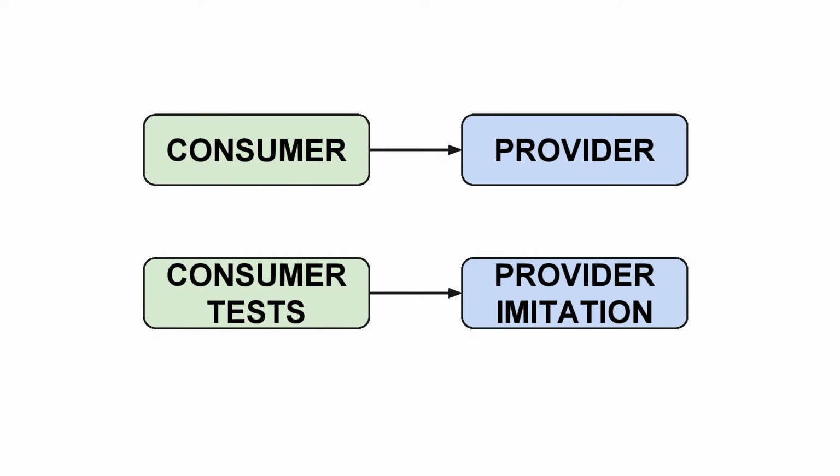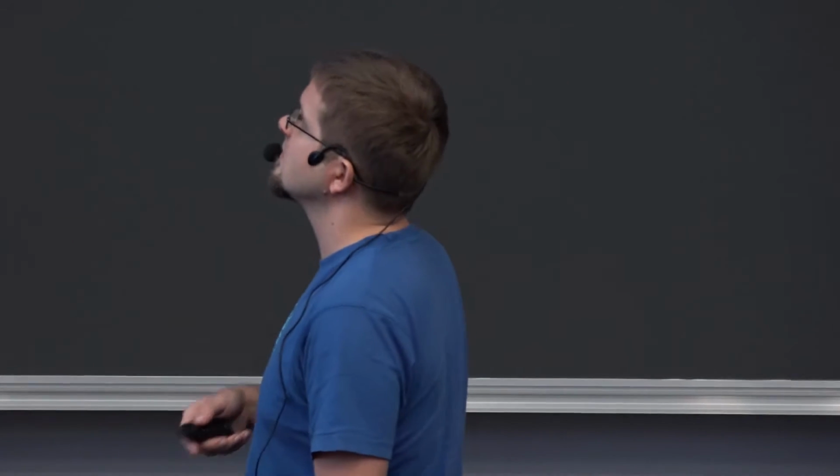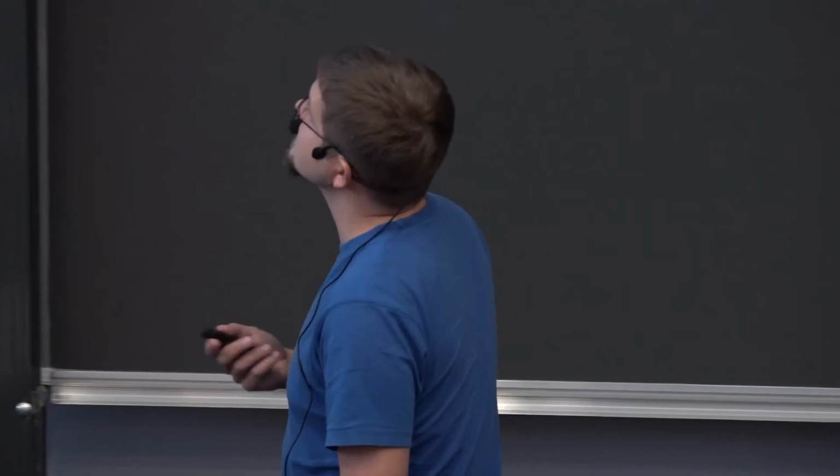Let's talk about web client tests, consumer tests. So our web client is a consumer, which means that it cannot live without its provider. It has to have its API. So if you want to test the consumer, any consumer really, if you want to test it properly, it's obvious that we need some kind of API in the testing process, right?